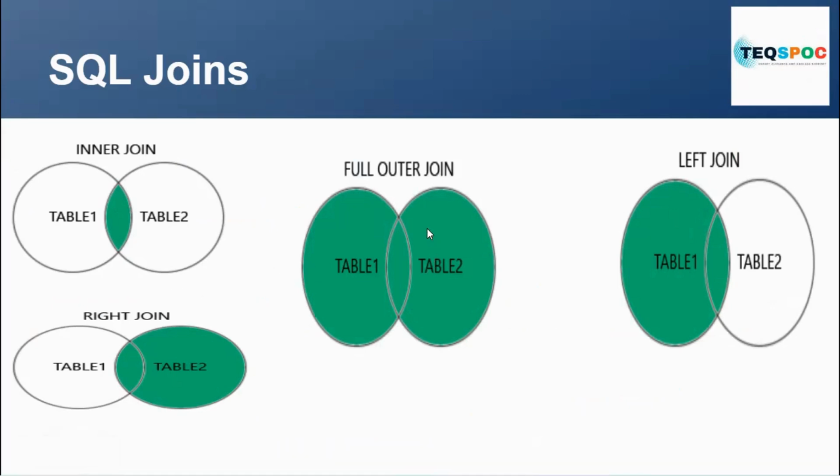Similarly, you have the right join. Right join basically returns all the data of the right table. Like you have IDs 1, 2, 3 in one table and IDs 1, 2 in the other. It will return the common IDs 1, 2 plus all the data from the table with 1, 2, 3. Similarly, we have full join, which returns all the data from both the tables plus common data. And left join returns all the data of the left table plus common data.